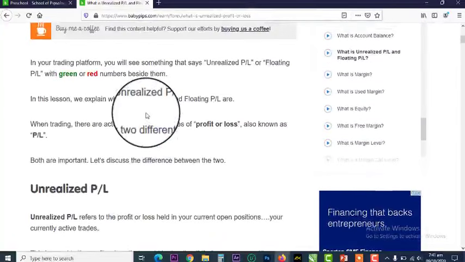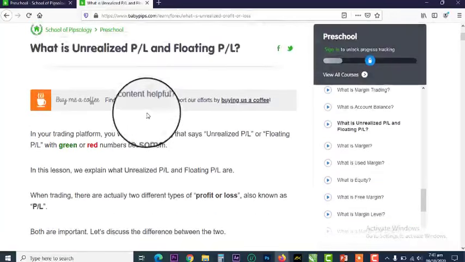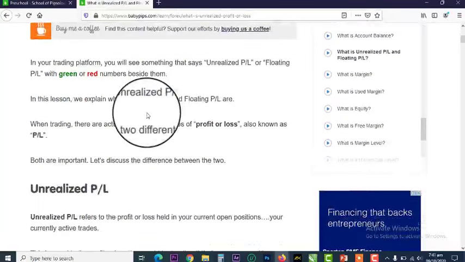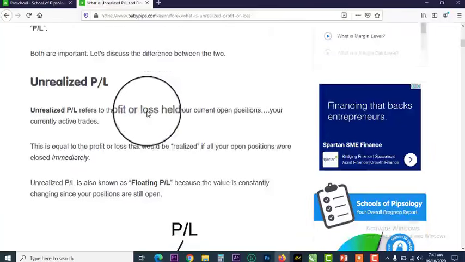You have not closed a trade, and the trade is still active, right, live. So that's money that is running live right there online, that you haven't withdrawn to your account. Either it is profitable to you or it's a loss to you. That's your unrealized profit and loss.